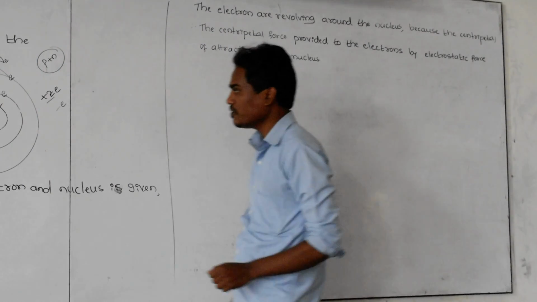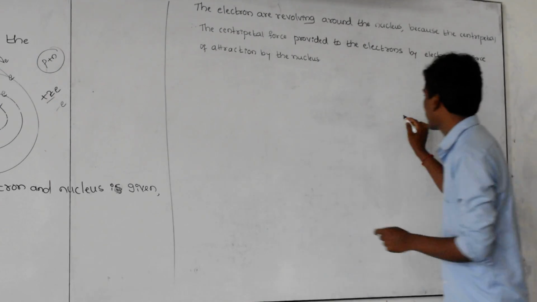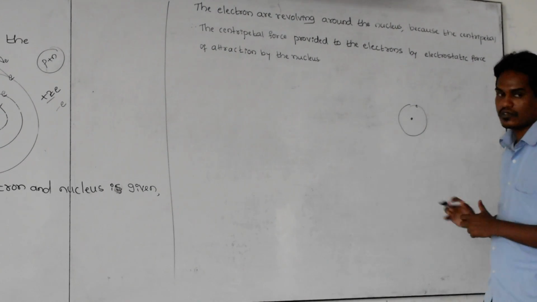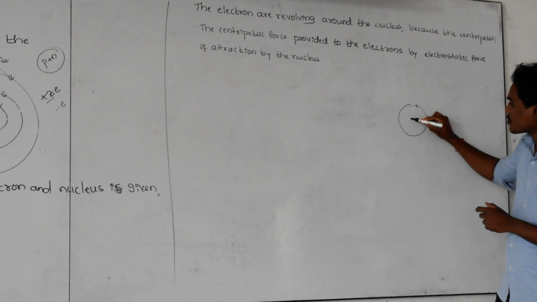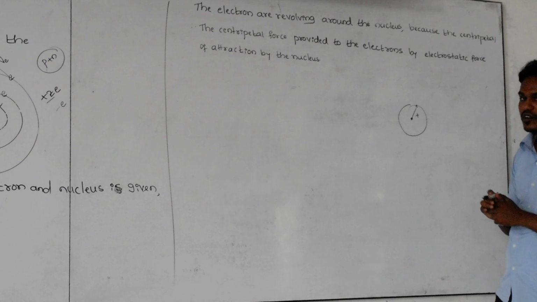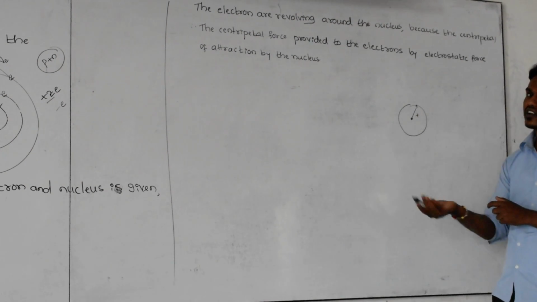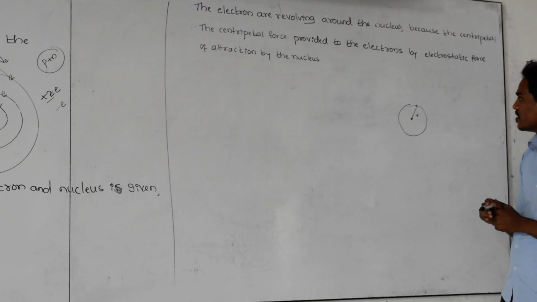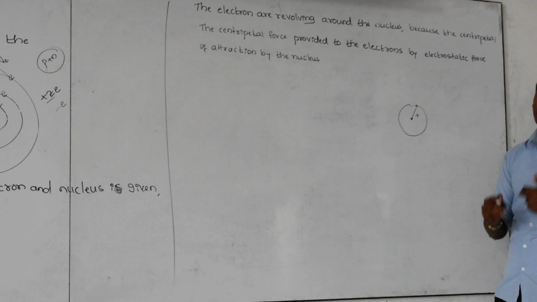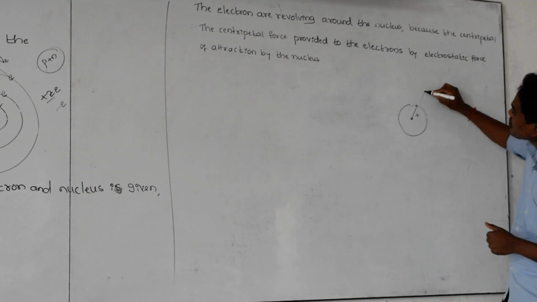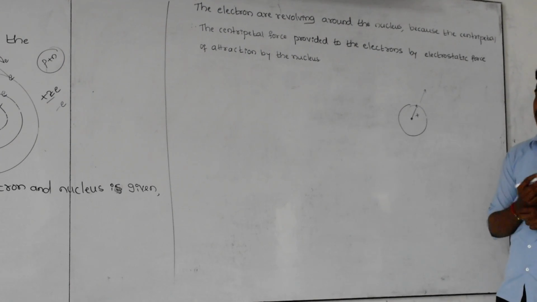Let us consider this as a nucleus and this as an electron. If there is no electrostatic force of attraction between these two, what is happening? Whenever an electron experiences a force away from the nucleus, you call it centrifugal.